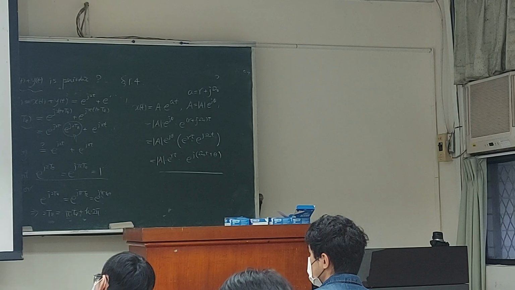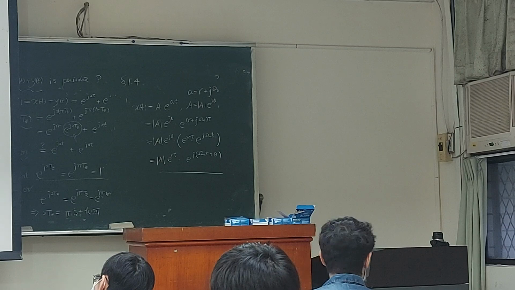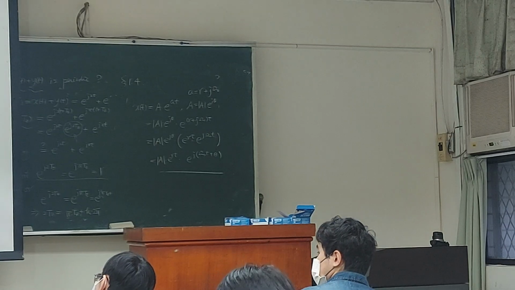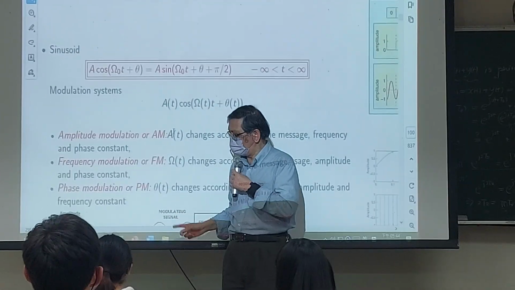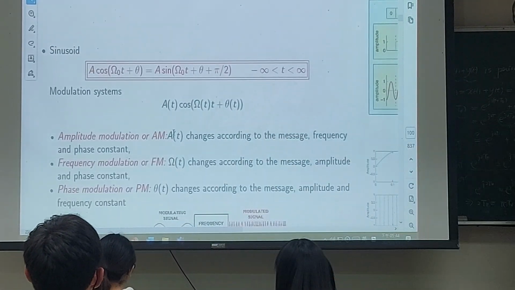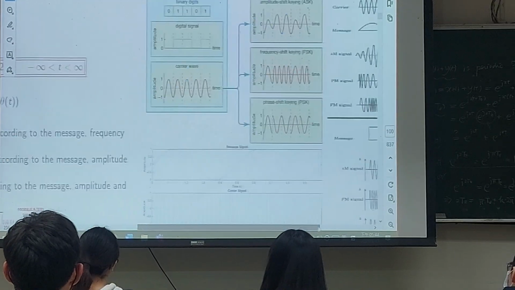Or if you change the phase but fix the amplitude and the frequency of the carrier signal, then it's called phase modulation. And here is a very interesting figure, and then I want you to draw the figure.